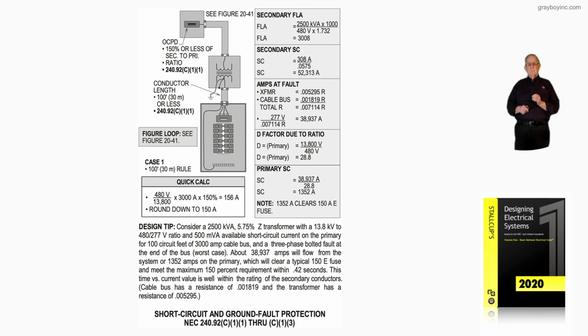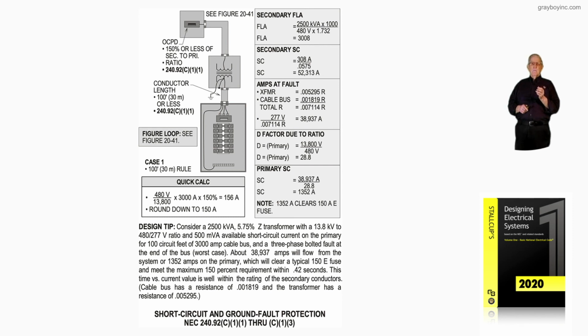1,352 amps. Now the IEEE Green Book, along with the IEEE book dealing with overcurrent devices, suggests on that high voltage you have 5 to 6 times. And even if we use 6 times 150, that's only 900 and something amps.